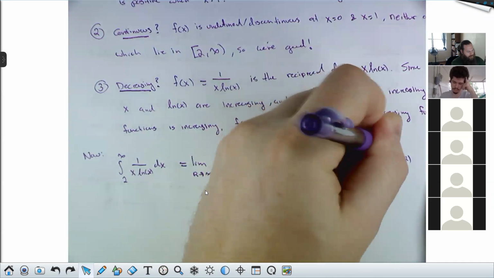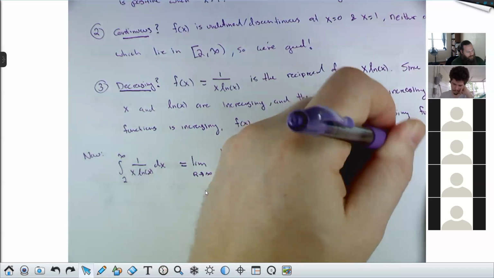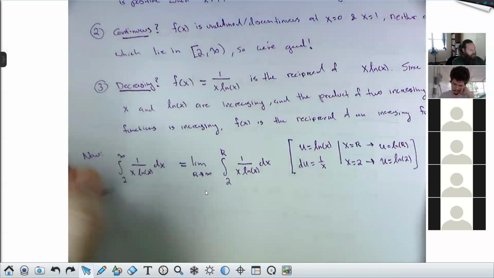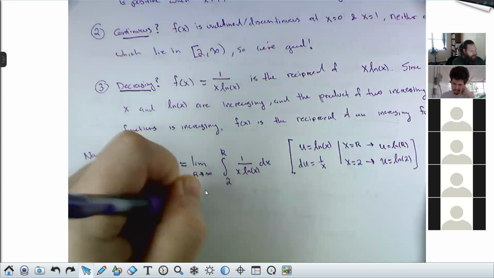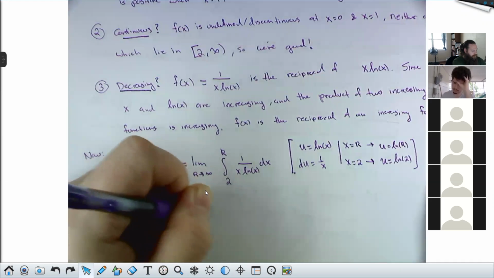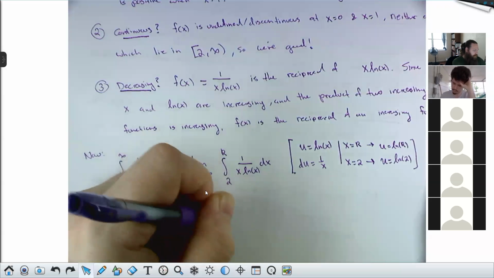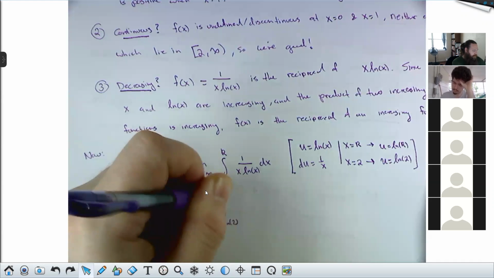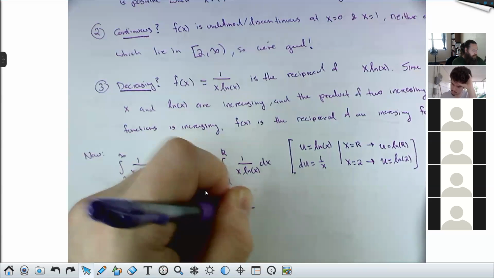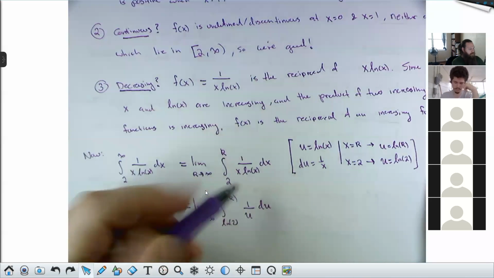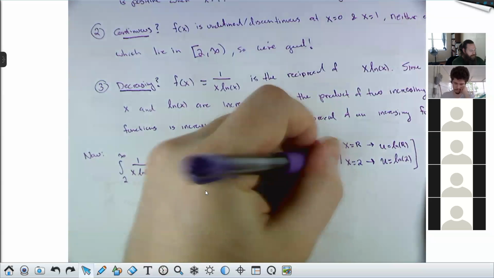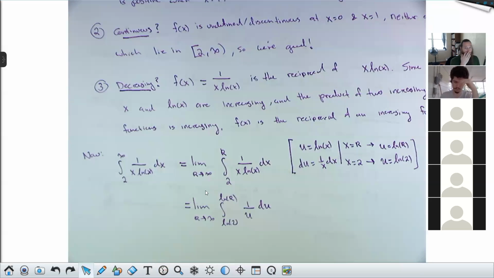When x is r, u is the natural log of r. So my new integral is the limit as r goes to infinity of the integral from natural log of 2 up to natural log of r of 1 over u du. This piece, the 1 over x, is du, so it goes away.